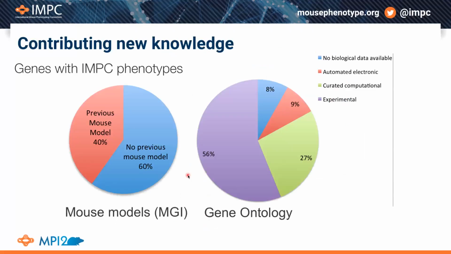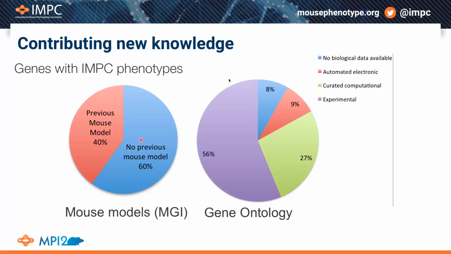So overall with the project, we're making mouse models 60% of the time for genes that have never had a mouse model before. And where we do have overlap, it's because the mice are only described once or twice in the literature, or they're hard to get, and so they want to make these mice available to researchers.